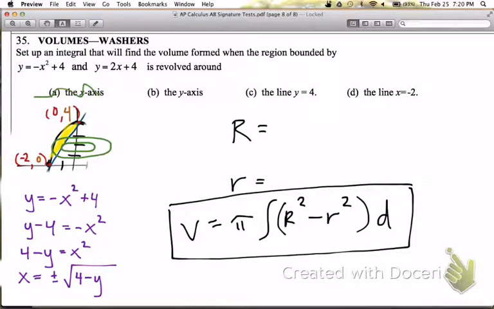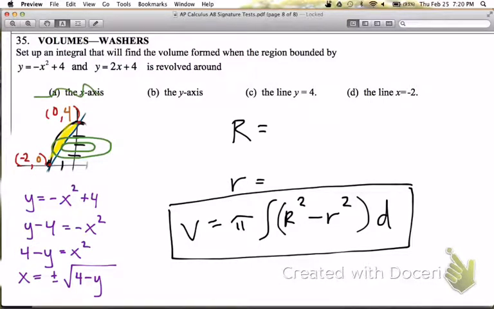Now, it just so happens that this side of the parabola is the one that's the negative square root of 4 minus y. And you can test that. Choose any y value you want. For example, if you choose y equals 0, you get 4 minus 0 is 4, the square root of 4 is 2, and you want it to be negative 2. So that's obviously why you're choosing the negative side.